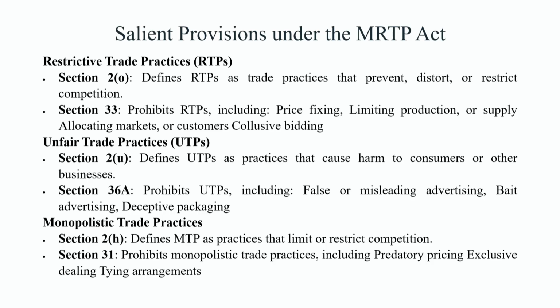Section 3 of the MRTP Act prohibits restrictive trade practices, and includes price fixing, limiting production or supply, allocation of market or customers, or collusive bidding. That means restrictive trade practices were prohibited under this act.